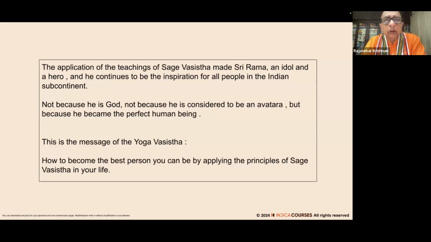I may even make a tall claim here: if you actually read the Yoga Vasishta Sara, and of course it may be a highly biased reason why I'm saying this, it would put all the swamis out of business, because there is such an amount of clarity.